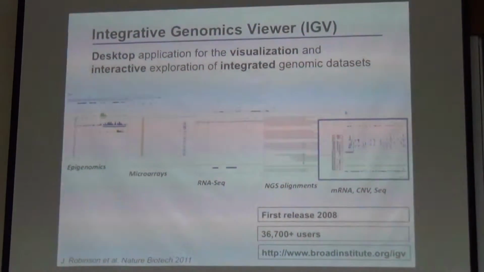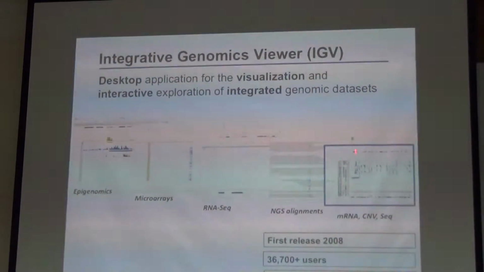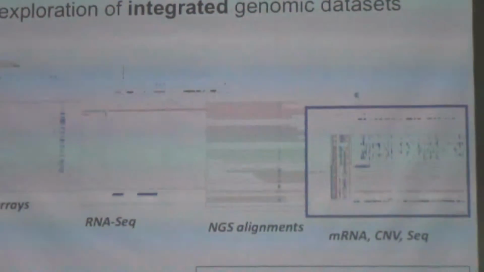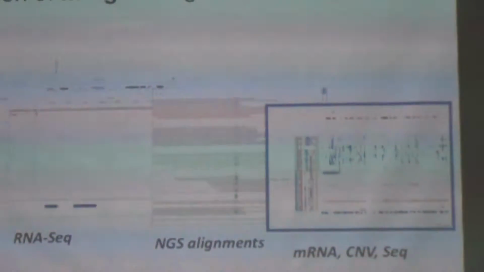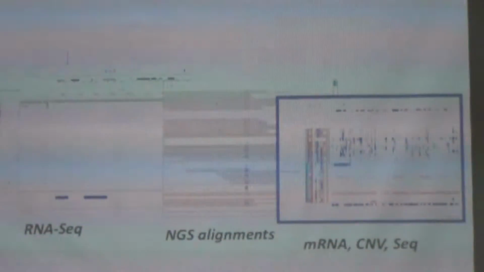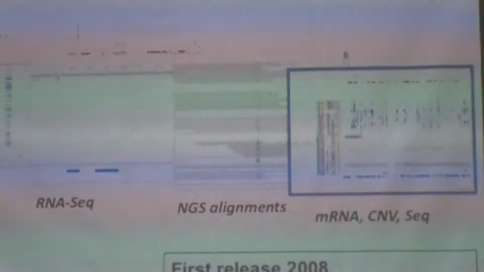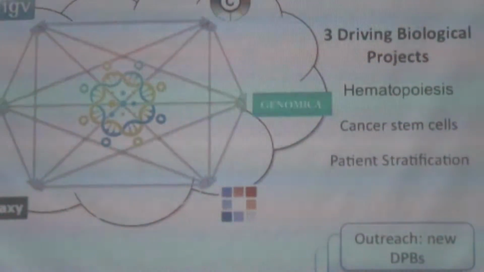It allows you to look at multiple types of data in the same view. I'm sorry that you really can't see this. It is really helpful at targeting what we call genomic aberrations in data, and again, to help generate hypotheses. And again, I apologize for the lack of color here.